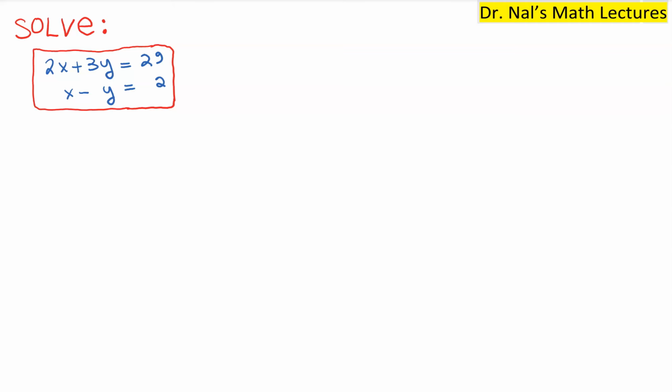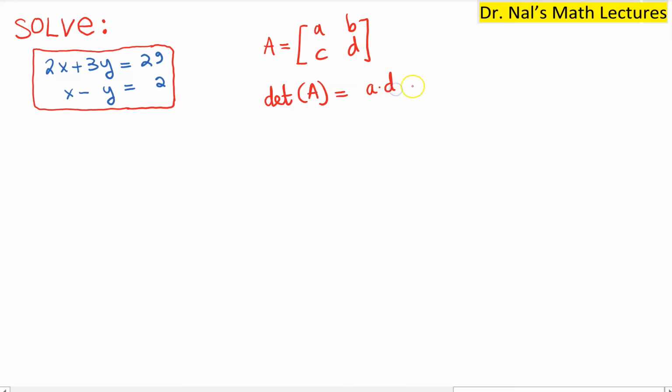Just to remind you, if a matrix A is a 2 by 2 matrix, A, B, C, D, then the determinant of that matrix is simply A times D, minus the product B times C. So this is just a reminder.